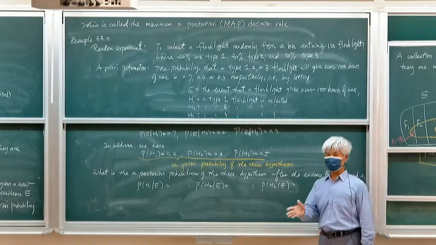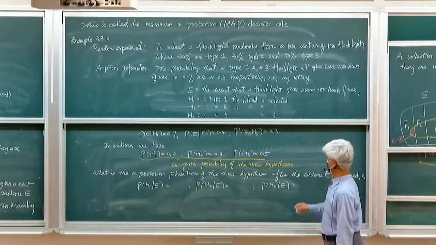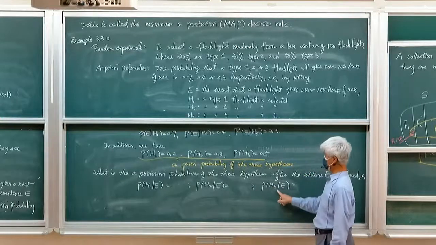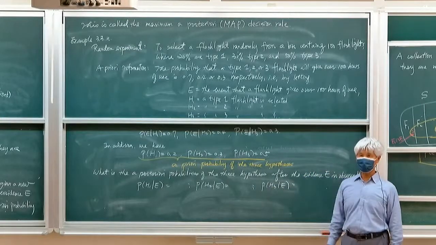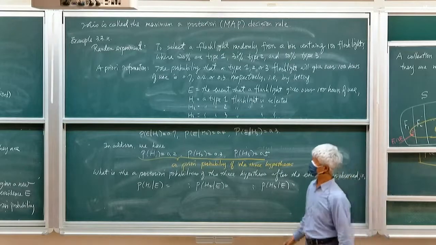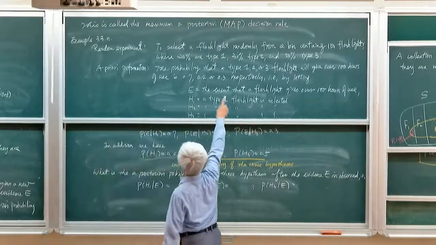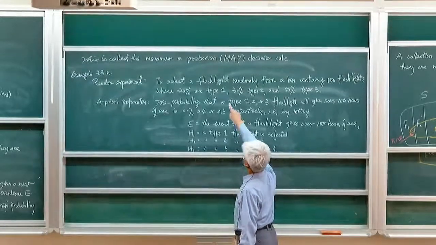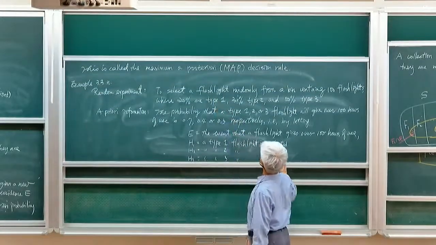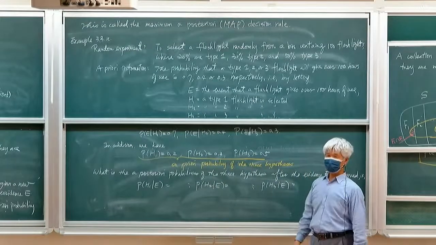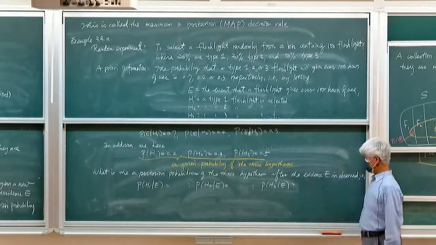And the decision you make should be the one such that the posterior probability is the maximum. So you should make the MAP decision here, the maximum a posteriori decision, after you have this evidence.